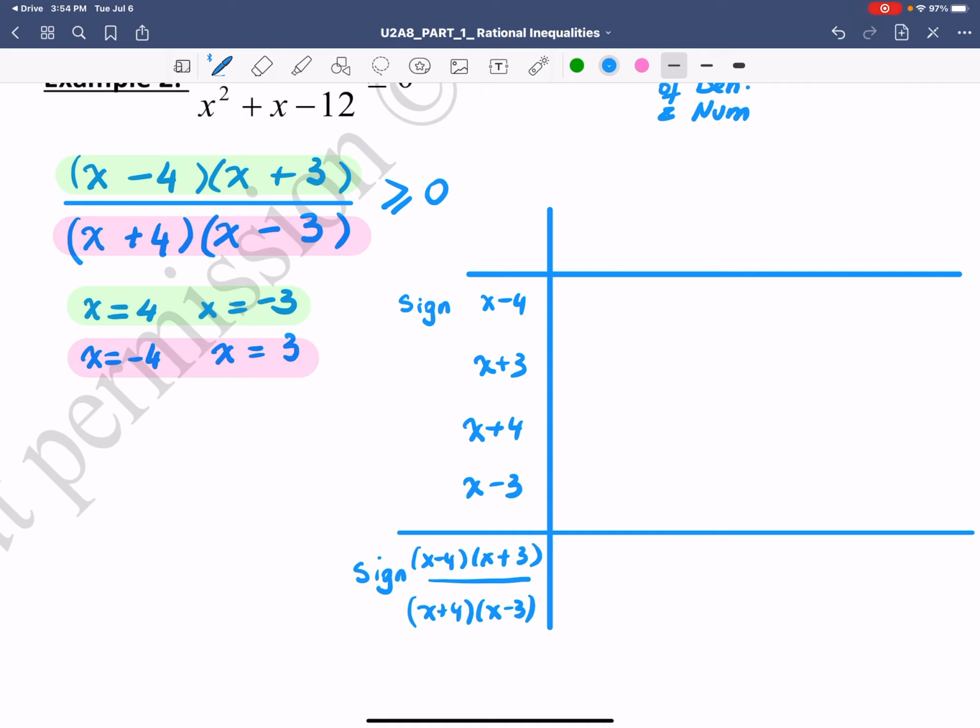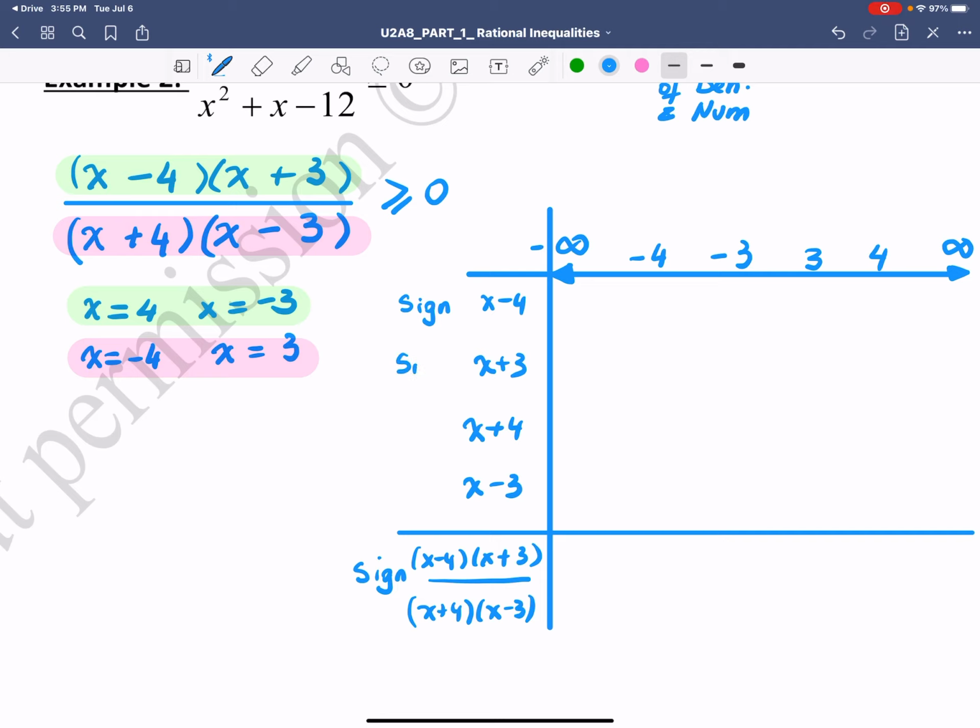Now, here is my number line, and what I'm going to do is place the zeros on it. Zeros of numerator and denominator. Don't forget, here we have positive and negative infinity. And the zeros must be listed from left to right. So we have the smallest number, -4. And then we have -3, and then +3, and then +4.